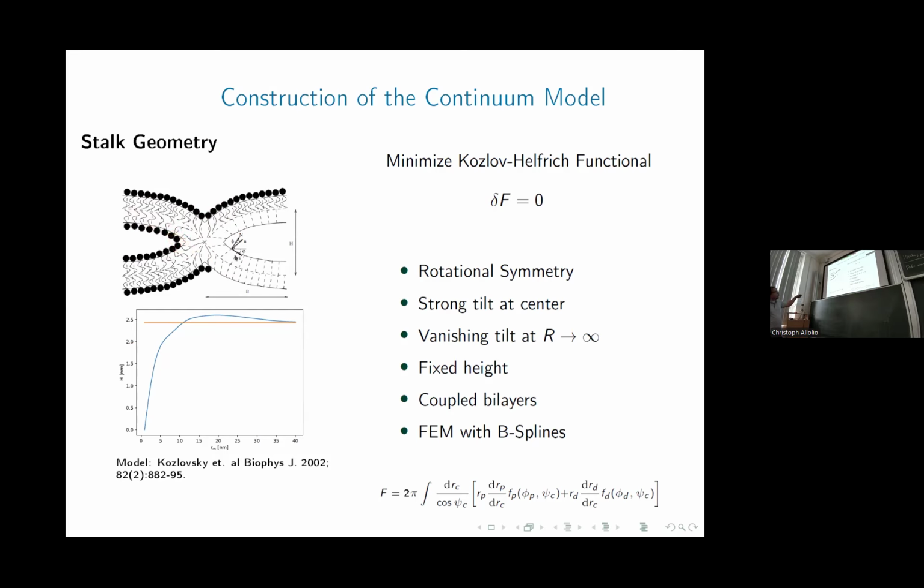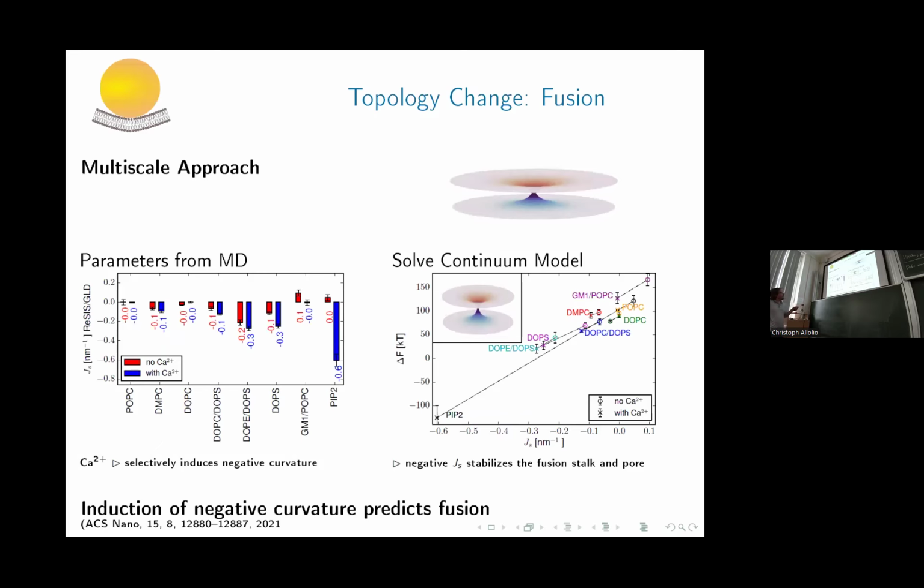This allows you to build a fusion stalk, then you can minimize it, and then we can look at how the coefficients behave and how the minimal energy behaves as a function of the adsorption of, for example, calcium or the lipid composition.